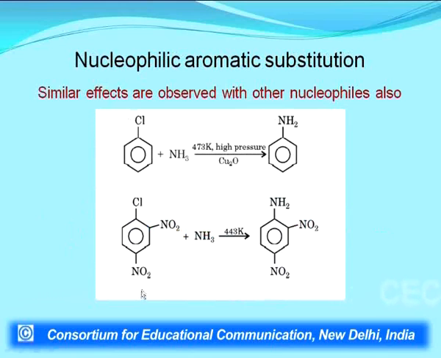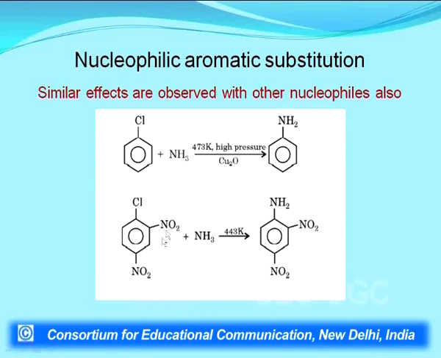The same thing was observed when some other nucleophiles were used, such as chlorobenzene reacts with ammonia at about 473 Kelvin in presence of cuprous oxide as catalyst at high pressure, and we get aniline.